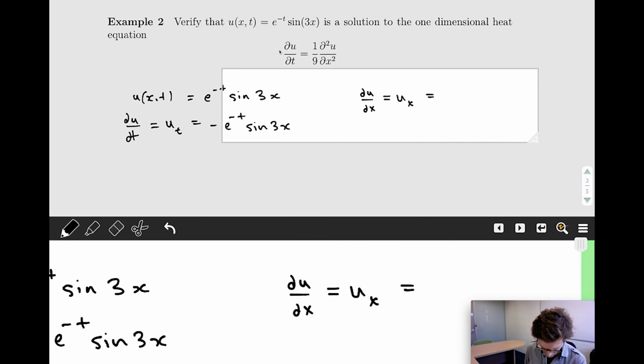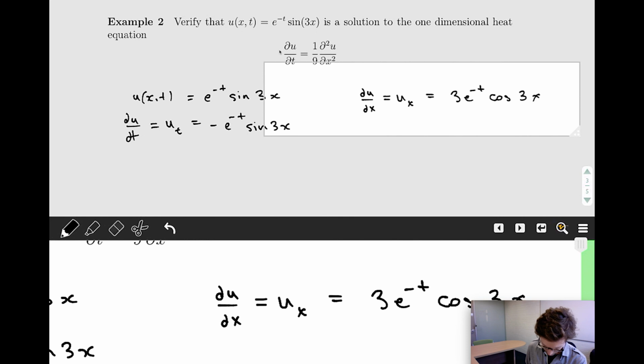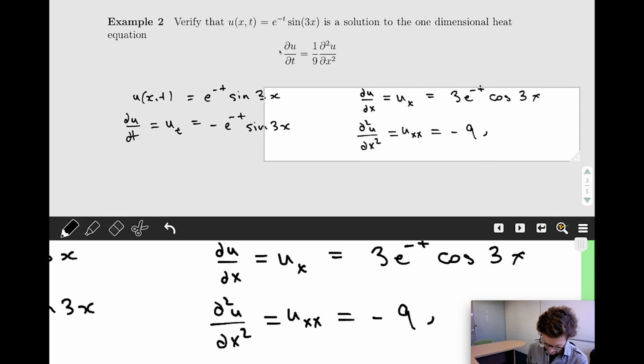That's going to give me 3e to the minus t cosine 3x. And I can form the second partial derivative with respect to x, u subscript xx, which is going to give me minus 9e to the minus t sine 3x.